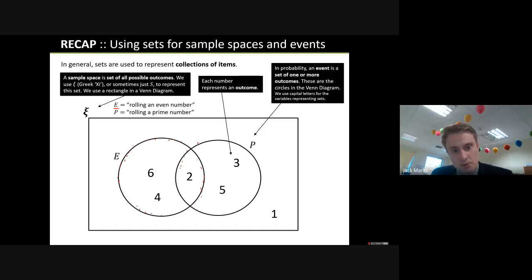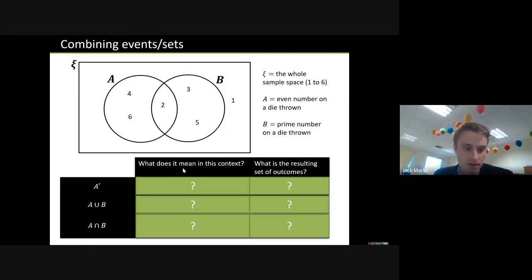Anything inside the P circle means that it is a prime number. Then there are some outcomes that belong to neither of these, so they sit outside both circles. If something is inside one circle and inside the other, that means it belongs to both sets. Okay, so a quick recap of Venn diagrams there.